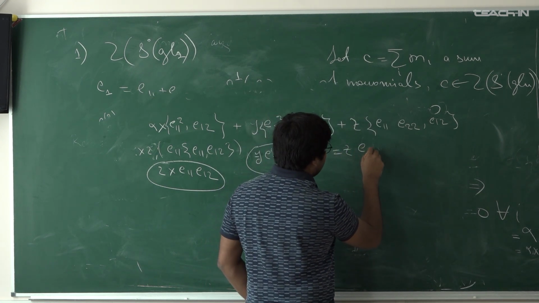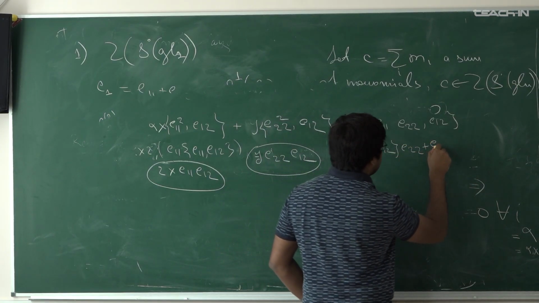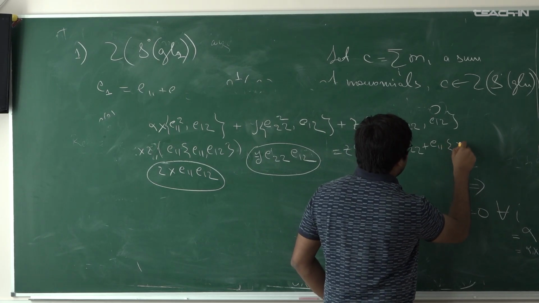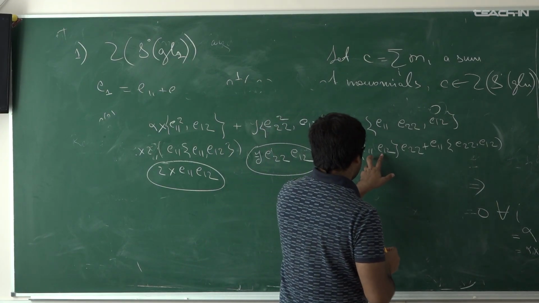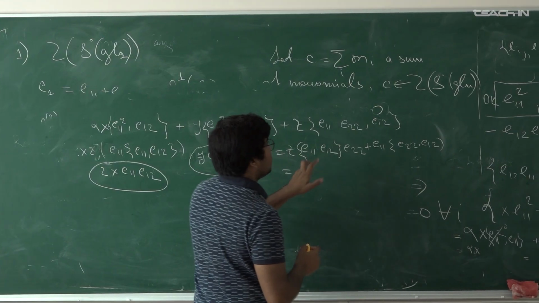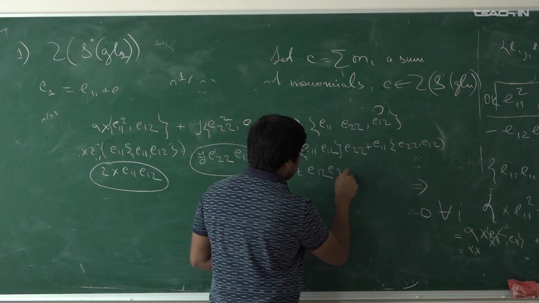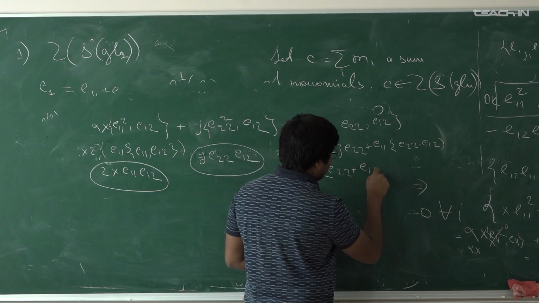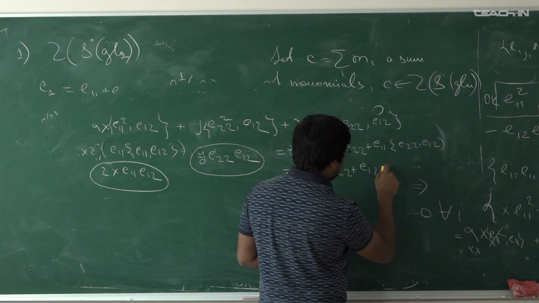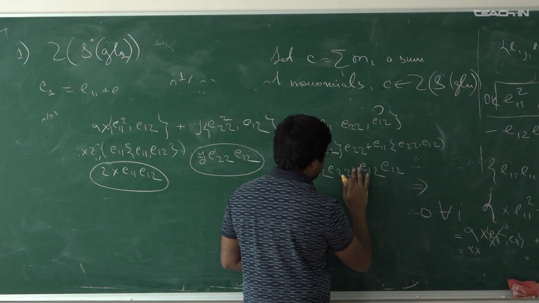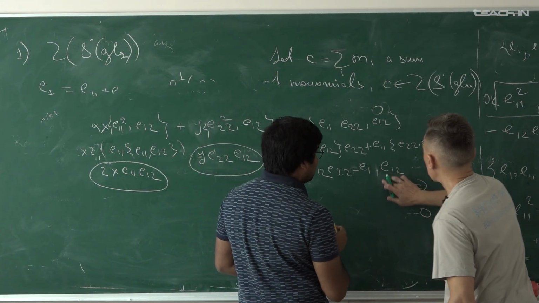E11, E12, E22 plus E11. So this coincides, to make E12, E22 plus E22. So it will be like 1, 2 and the minus 1, 1.